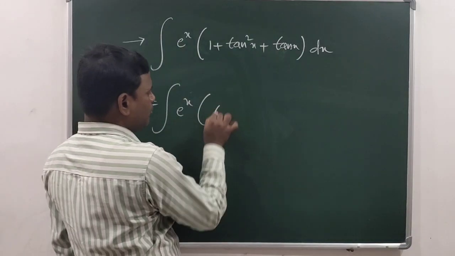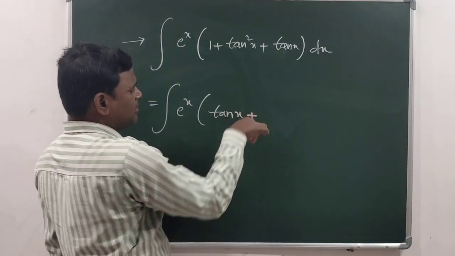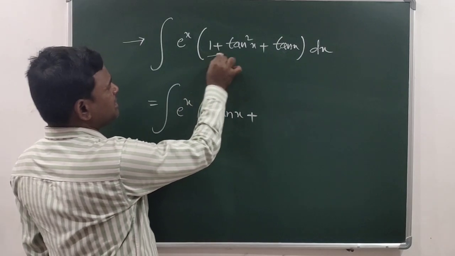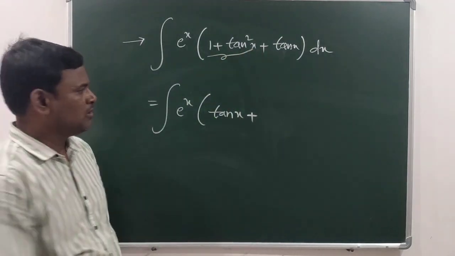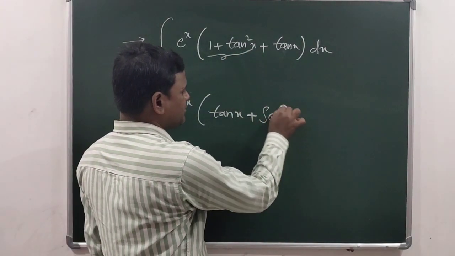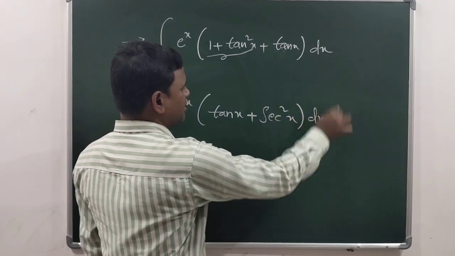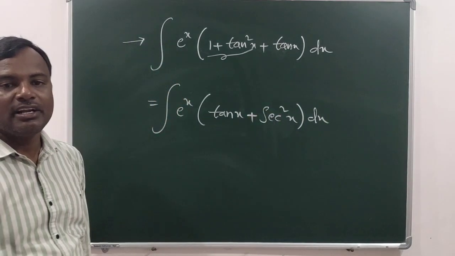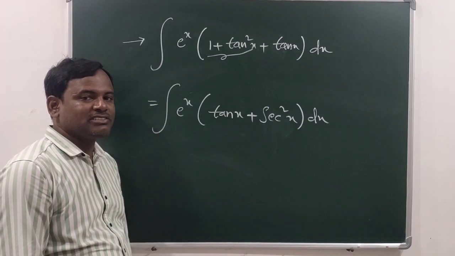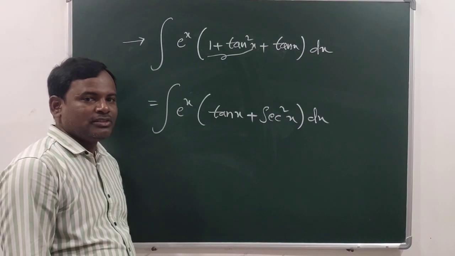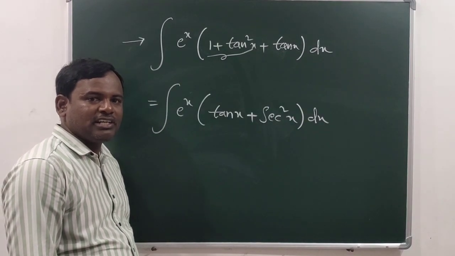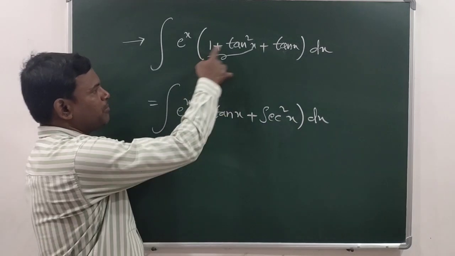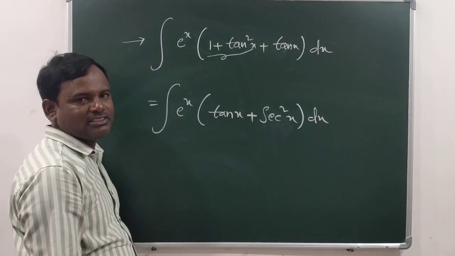This tan x I would like to write as it is, but in the place of 1 plus tan square x, I want to write it as secant square x. You know that standard identity in trigonometry, secant square theta minus tan square theta equal to 1. So, secant square theta can be written as 1 plus tan square theta. So, here 1 plus tan square x is there.